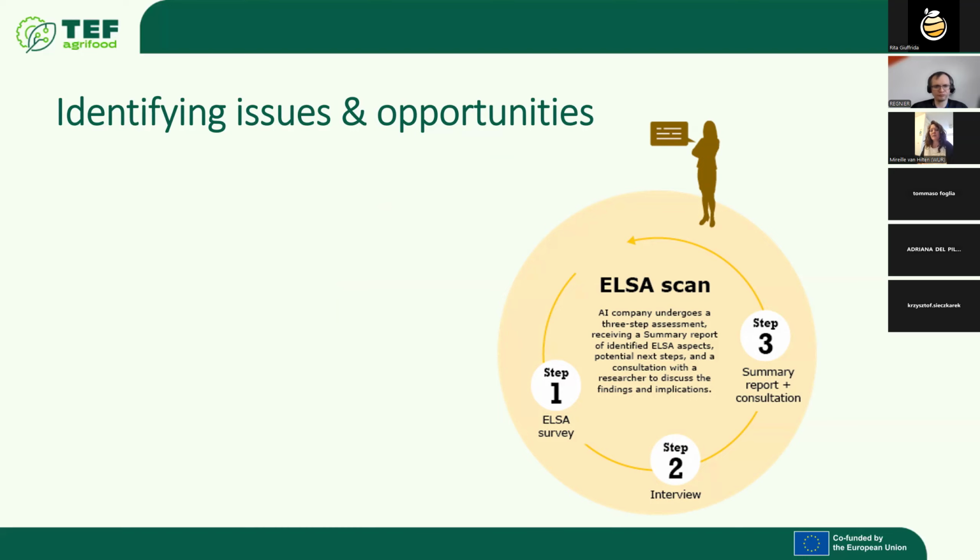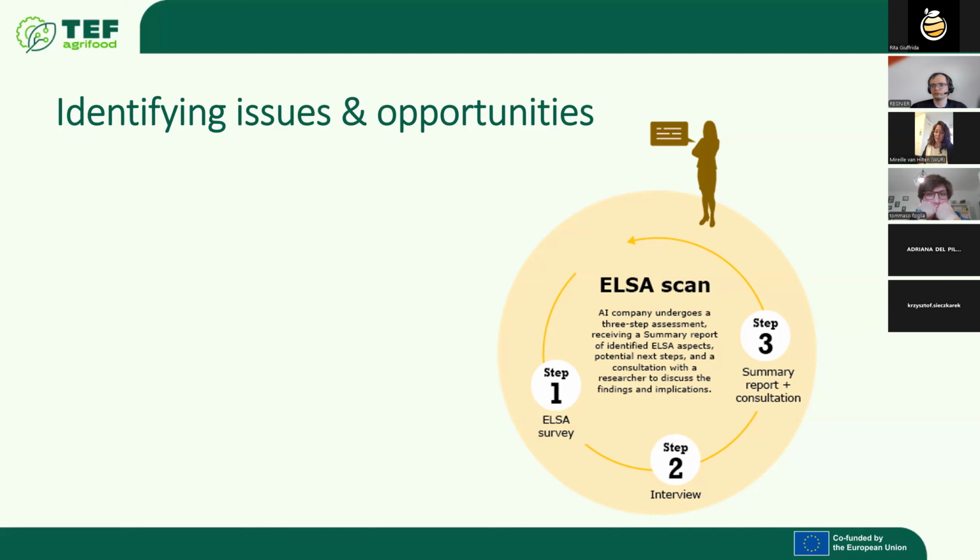But what we then do is, in 3 steps, we identify what the issues and also opportunities are. Some things can already be going well or can already be tackled by the AI development company. But first, we send out a short survey to know more about the specific context of the AI technology. Then we do an interview.